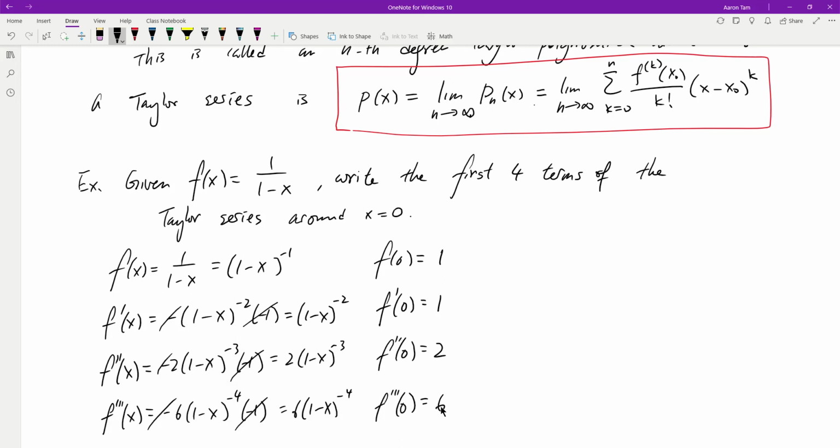So now I should be able to write out my power series and my polynomials. If I say p sub 3, then that would be basically all these terms. So let's write this out. p sub 3 of x would become 1 plus 1 times x plus 2 over 2 factorial x squared plus 6 over 3 factorial x to the third.